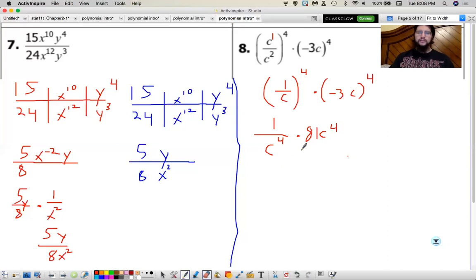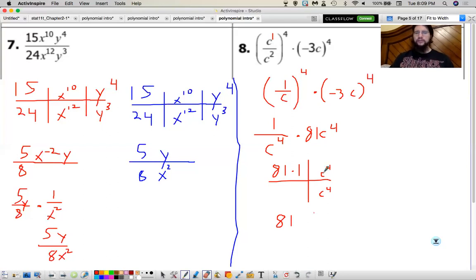So again, you can organize it if you want to. 81, we got that times 1 right there. I got C to the 4th over here, I got C to the 4th down here. 81 times 1 is 81. Which one's bigger? Oh, they're the same, so it's going to cancel out. Why does it cancel out?